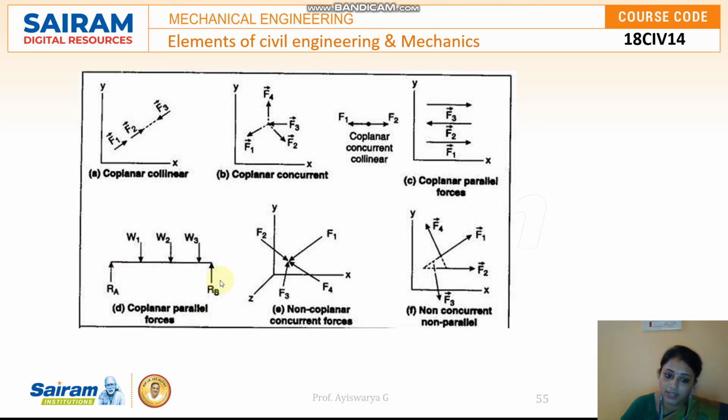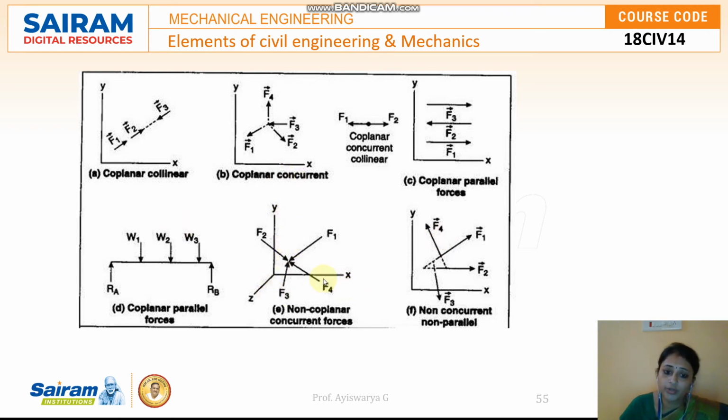There is one beam example for it. Non-coplanar concurrent forces means they will come from different directions. Non-concurrent, non-parallel means they will be from different planes and will not meet at the same single point. Here you can see forces F1, F2, F3, F4 having different magnitudes and different directions.